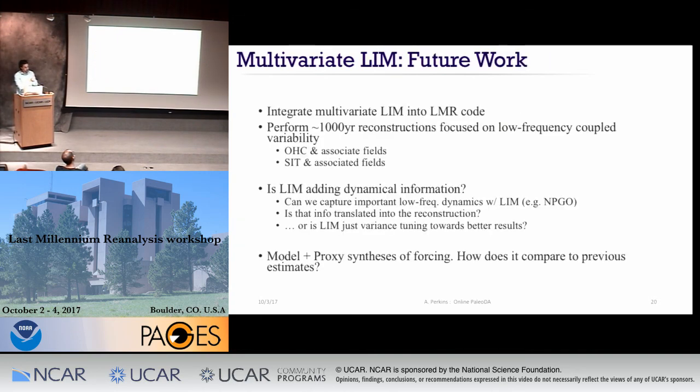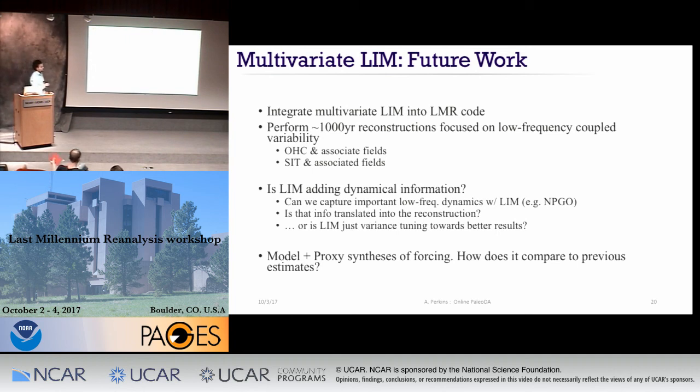With that, we plan to hopefully integrate these multivariate LIMs into the LMR code and perform some long-term reconstructions with ocean heat content definitely, and hopefully some sea ice fields. There's still a question of whether we're adding dynamical information with a LIM, or if we're just doing a variance tuning exercise by looking across these blending coefficients.